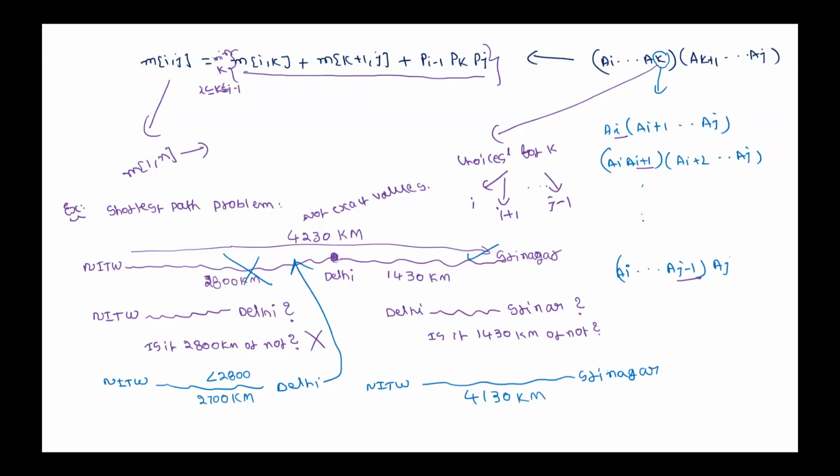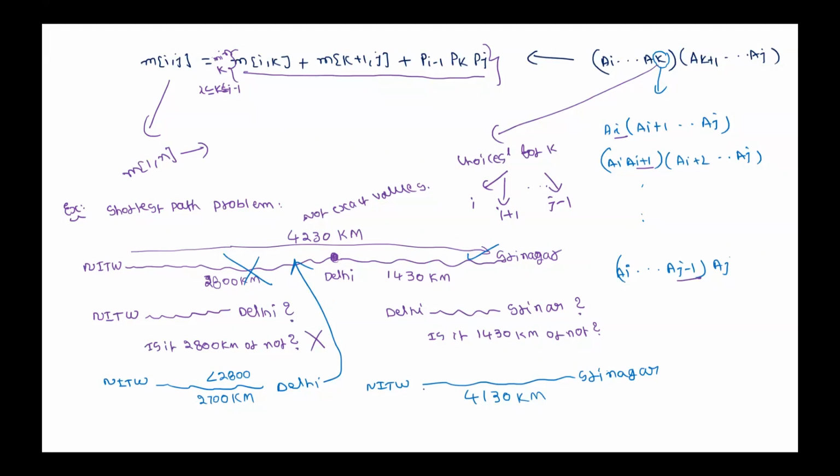Then NITW to Delhi, that means there is some other route whose length is less than 2800 kilometers. So I take that path, let us say that path length is 2700. NITW to Delhi, I go via that path. Again from Delhi to Srinagar, the same old path we take.